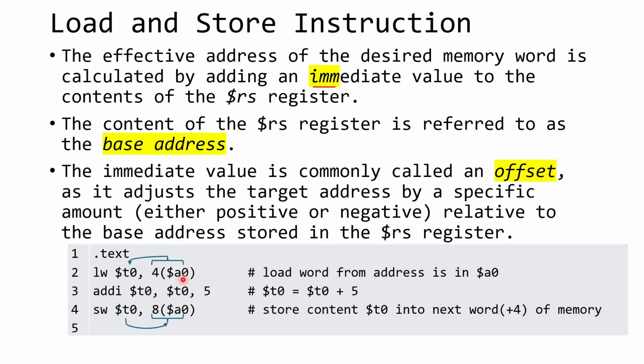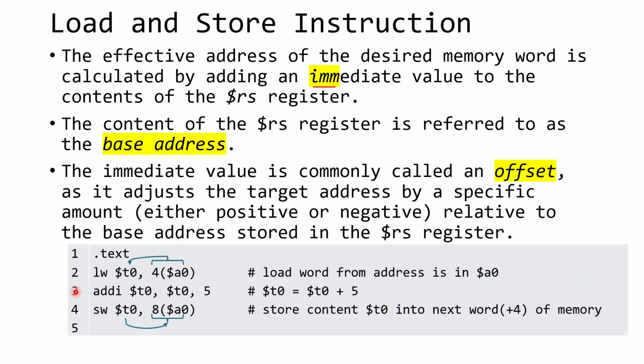Okay, so for example, load word T0 4(A0). So the CPU, the processor, would load a word or data from the address in A0 plus 4. So you should put A0 plus 4, and then load it inside T0.